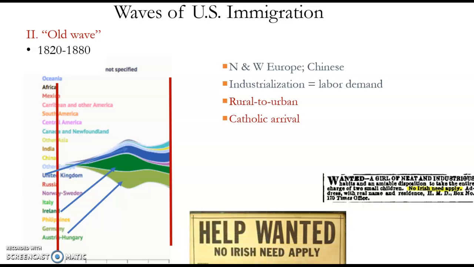So during this wave, we had the arrival of the Catholic populations, and Catholic populations were met with some resentment. The idea that Catholic people would be more loyal to the Pope in Rome than they would be to any government or any country. So there was a bit of resistance, a bit of blowback to these individuals arriving in the United States. Again, ethnically not much different, but there were some religious differences that were picked up on.